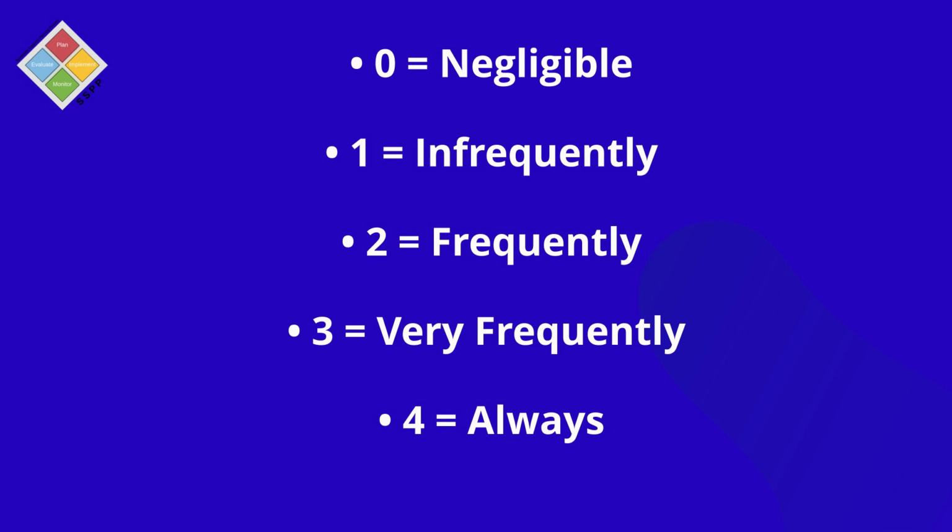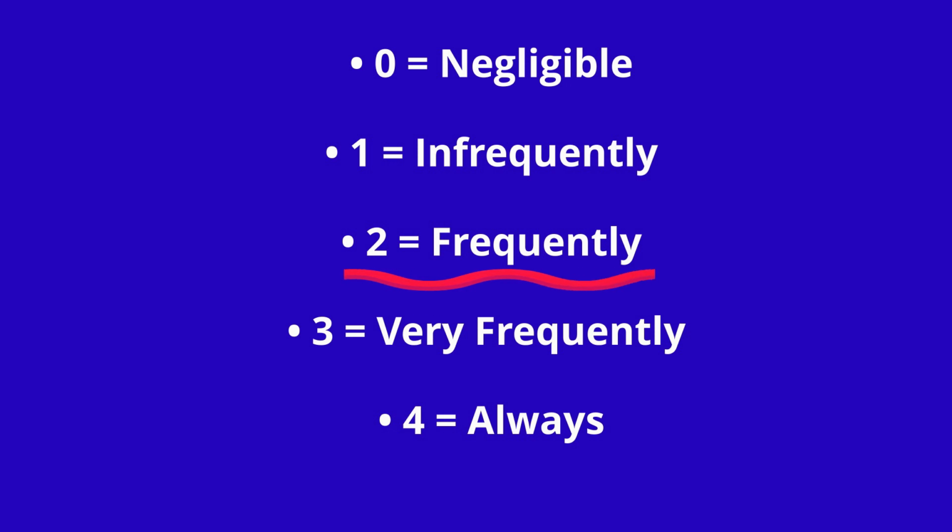So, the potential ratings for frequency are 0, negligible. The student's support needs are rarely, if ever, different than same-age peers in regard to frequency. 1, infrequently. The student will occasionally need someone to provide extra support to them that same-age peers will not need, but on most occasions, they will not need any extra support. 2, frequently.